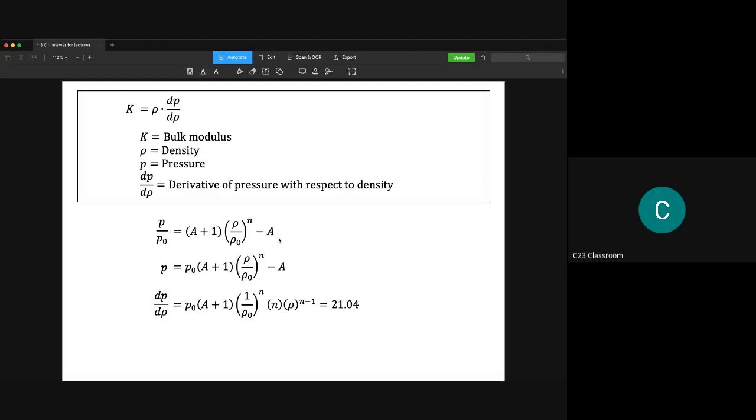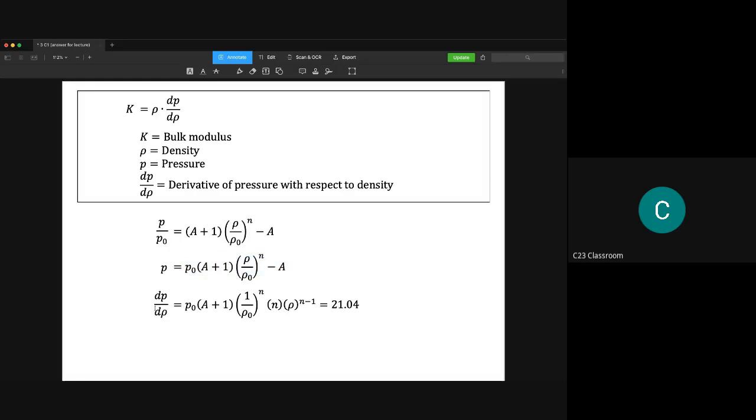Okay, so we have this equation, and maybe I made a mistake here. Why don't we have the P naught at P here? Okay, maybe it's fine. We transfer the P naught to the right hand side, and then we get this equation, with A times P naught here.